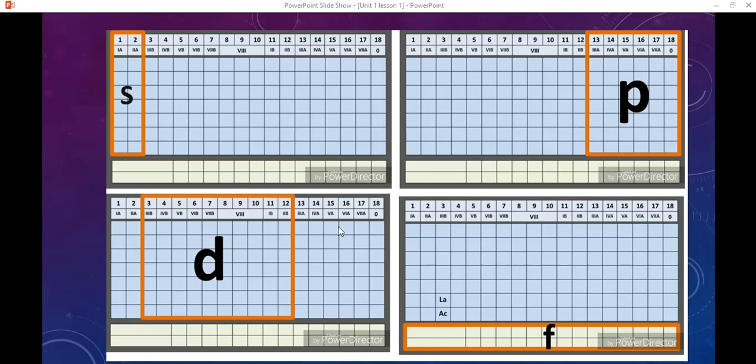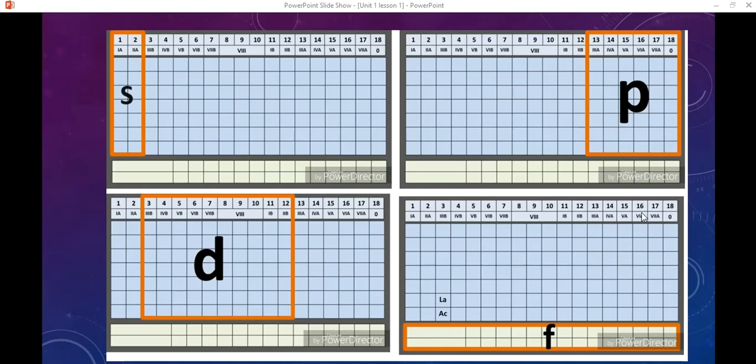One more time. The modern periodic table has groups named 1A, for example 3A, 3B, 4B, and also modern numbers starting from 1 to 18.